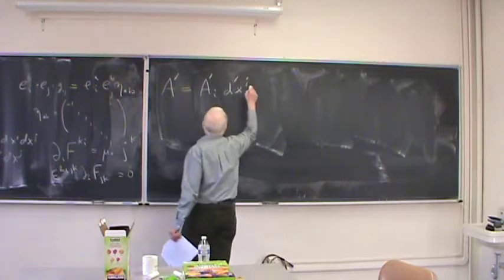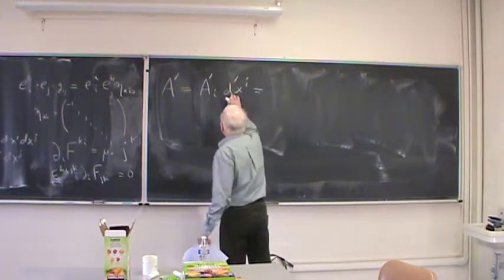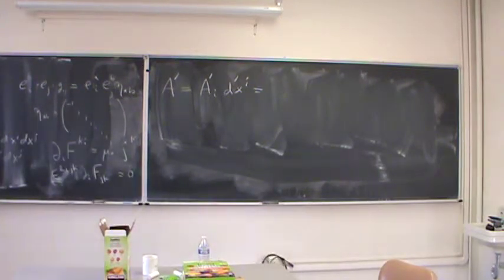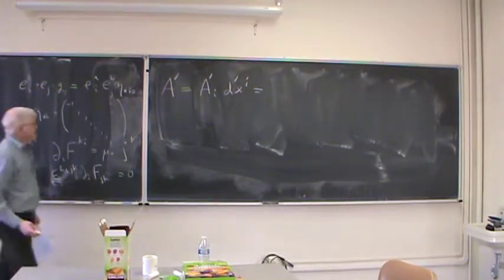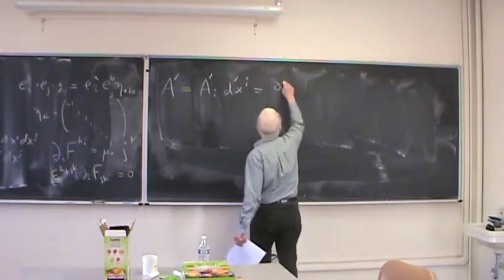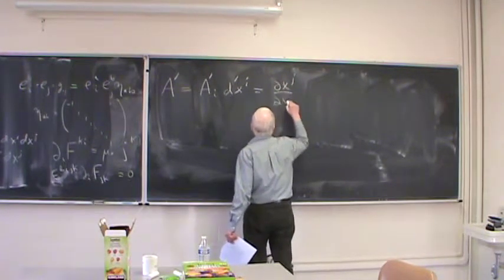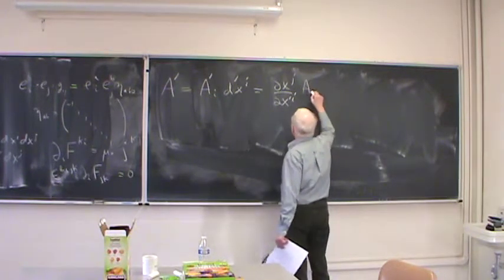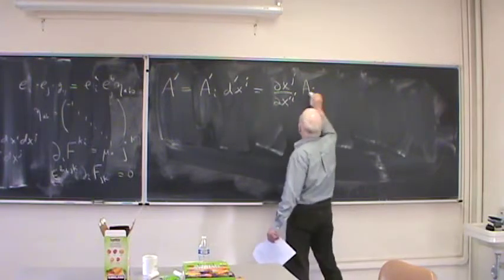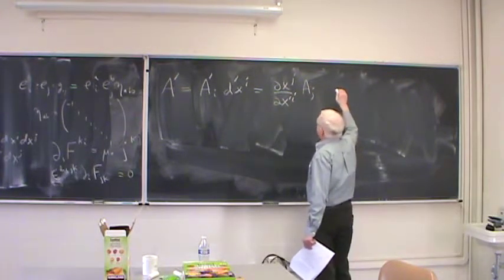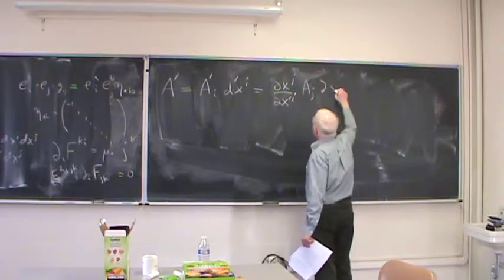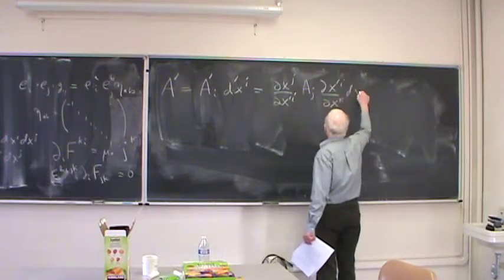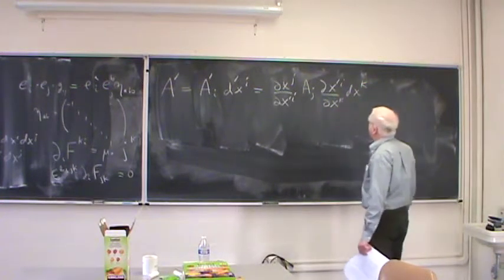If you put in primes here, first of all, how does the covariant vector behave? Well, it's partial x^j over partial x'^i, times a_j. And this differential is partial x'^i over partial x^k, dx^k.